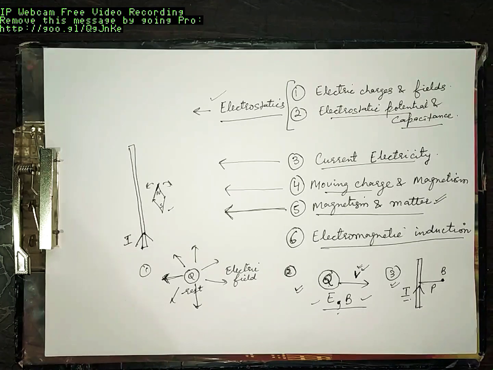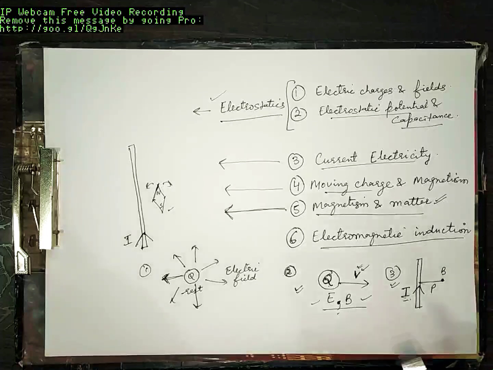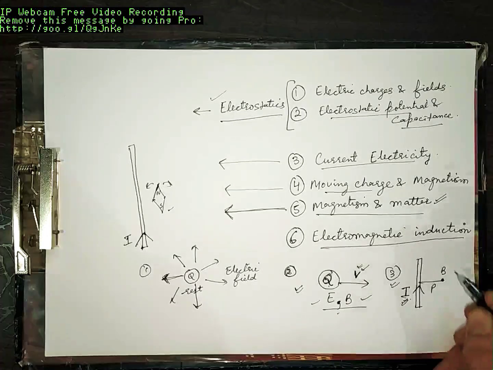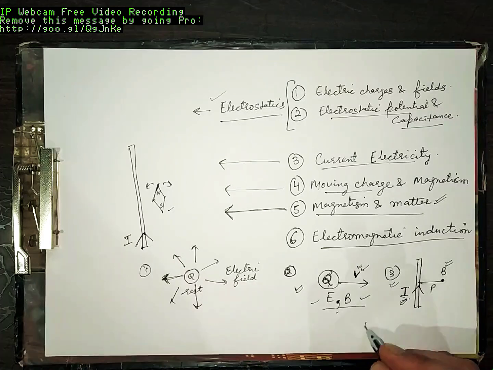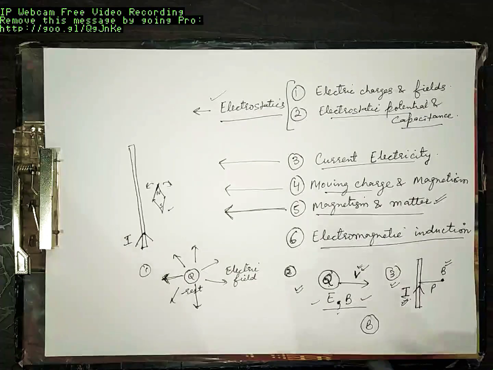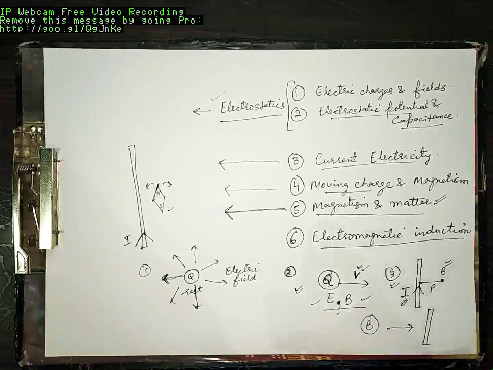I will repeat this. Since current I flowing through a wire can create a magnetic field B around the wire, the question that was asked was, can the magnetic field B produce a current in a wire? Can it produce a current in a wire?